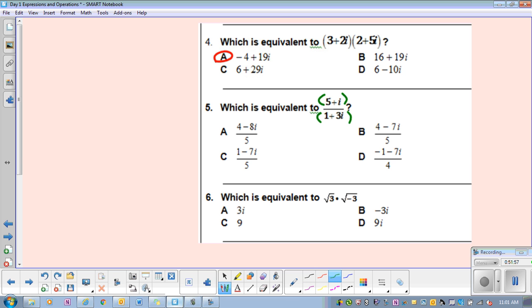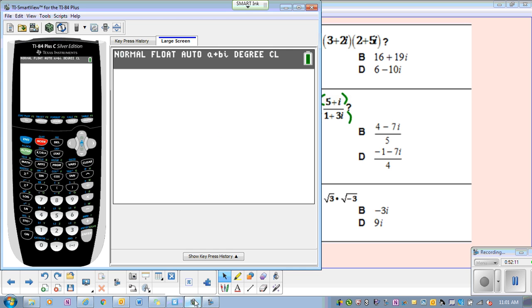Since you have more than one term in your numerator and your denominator, make sure you put them in parentheses when you put it in the calculator for number 5. So in your calculator for that one, you want to do parentheses 5 plus i, close parentheses, divided by parentheses 1 plus 3i.